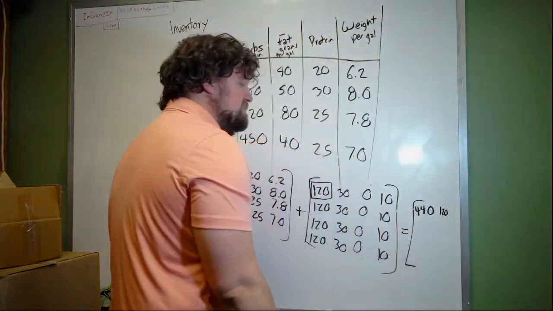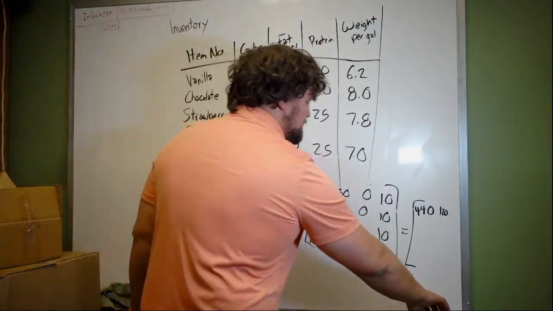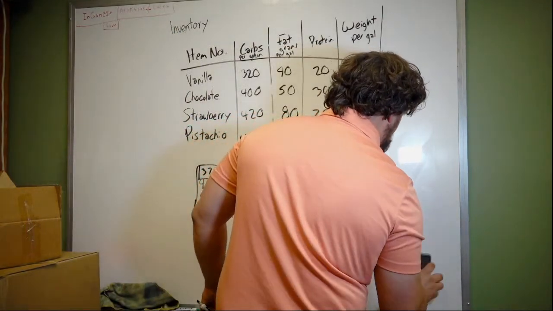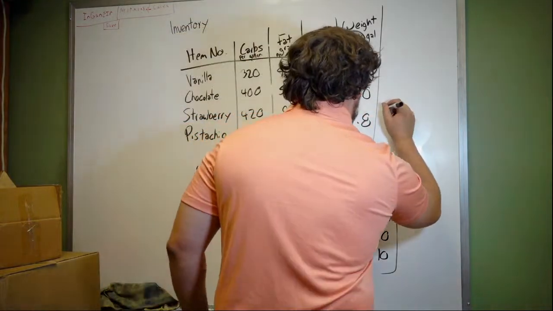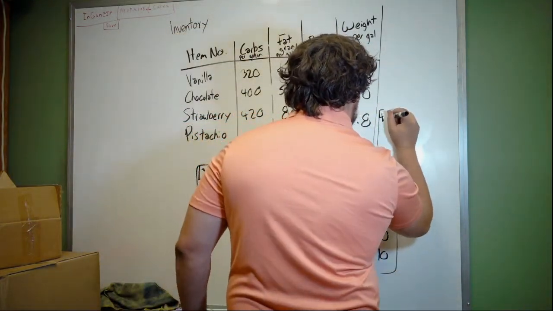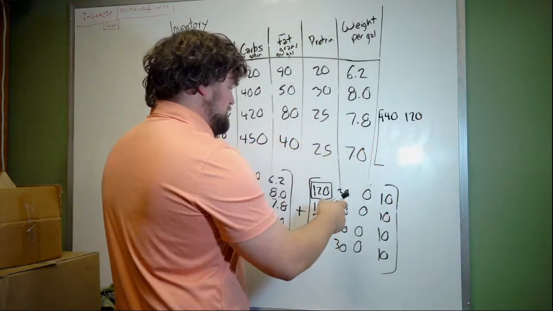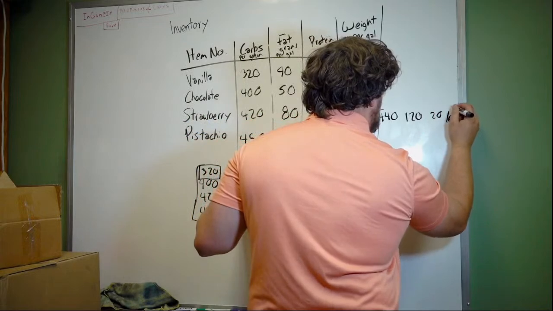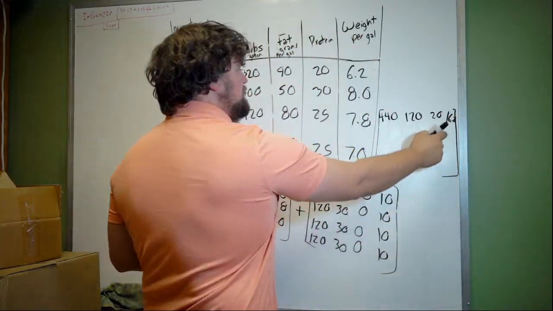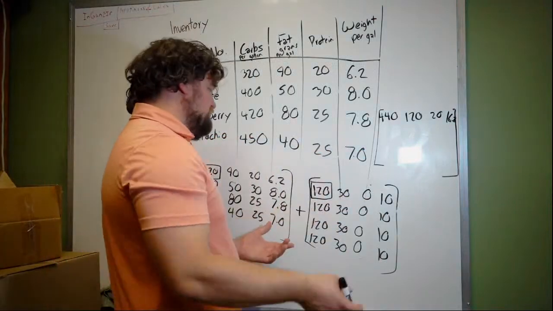I'm running out of board space. Should have thought about that. I'm gonna draw it up here. So 440, 120, 20 plus 0 is 20, and then 16.2. Okay, it's a gallon of ice cream plus a gallon of chocolate sauce. And then we keep going.